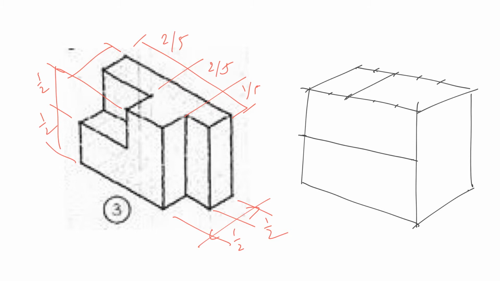So you have this line over here and this line over here, and then the halfway point will be somewhere here and here, and you can just draw this line. And probably another halfway line over here.